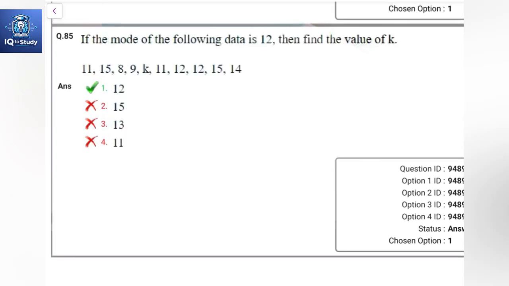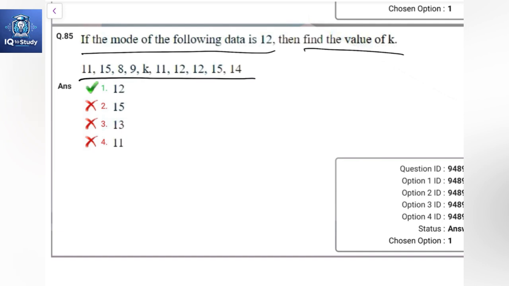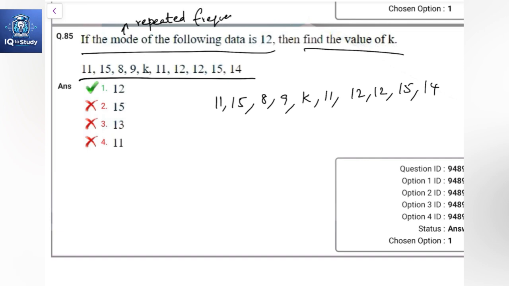If the mode of the following data is 12, then find the value of K. The given data is 11, 15, 8, 9, K, 11, 12, 12, 15 and 14. Mode is defined as the most frequently repeated value in the given data.